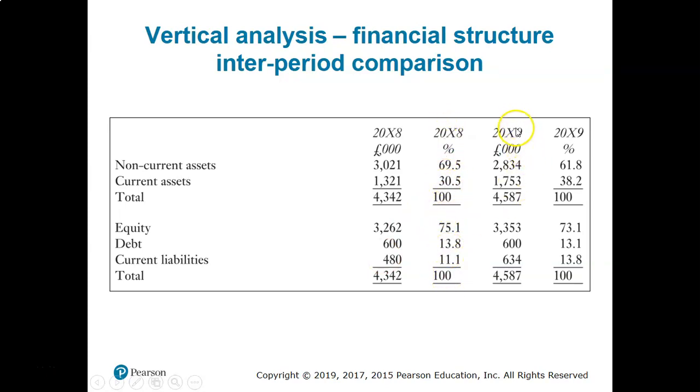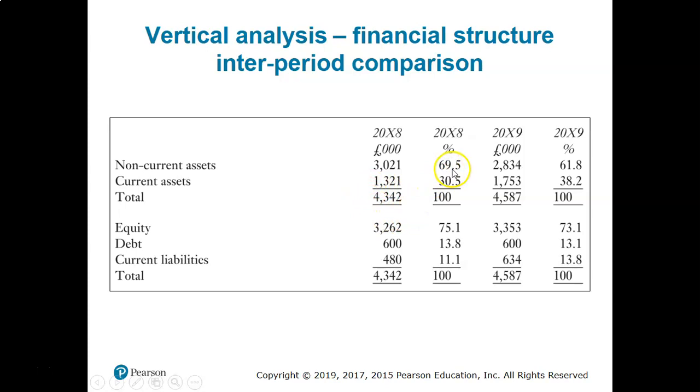And these are the real numbers or figures in thousands in 2019, and these are the percentages of 2019. And you can see here total asset is 100%. And then out of these 100, what percentage is the non-current asset? It is 69.5. And what percentage is the current asset? It is 30.5. So how have we calculated this percentage in terms of the total assets?